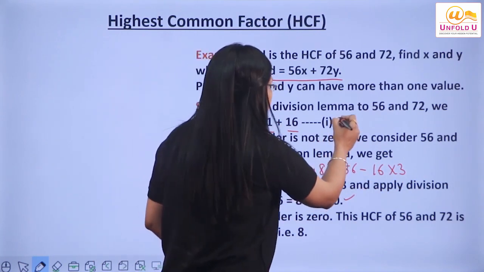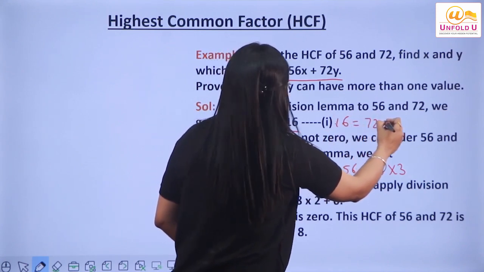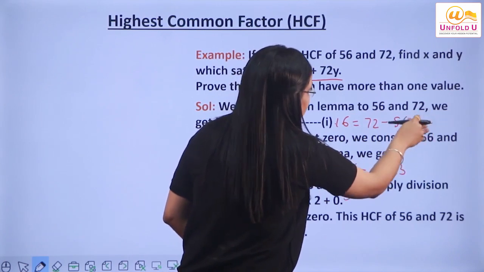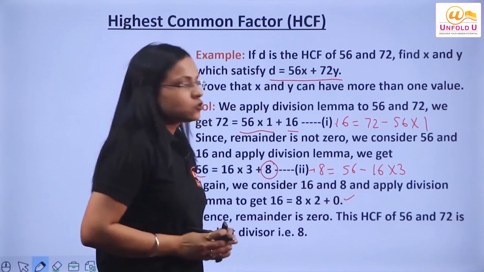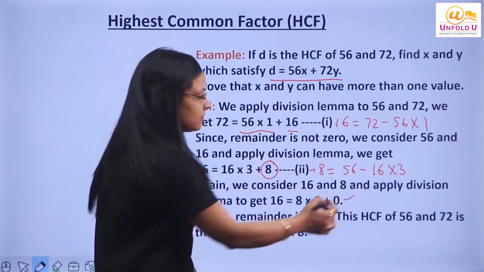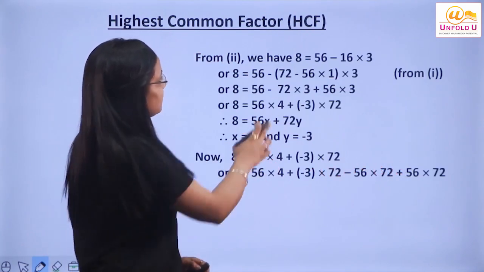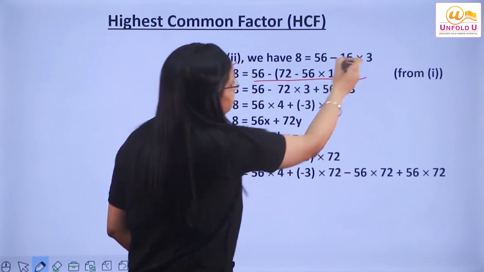So from the first we have 16 is equal to 72 minus 56 into 1. So when I put the value of 16 in this equation, what do I get? Let's see. We get 8 is equal to this.